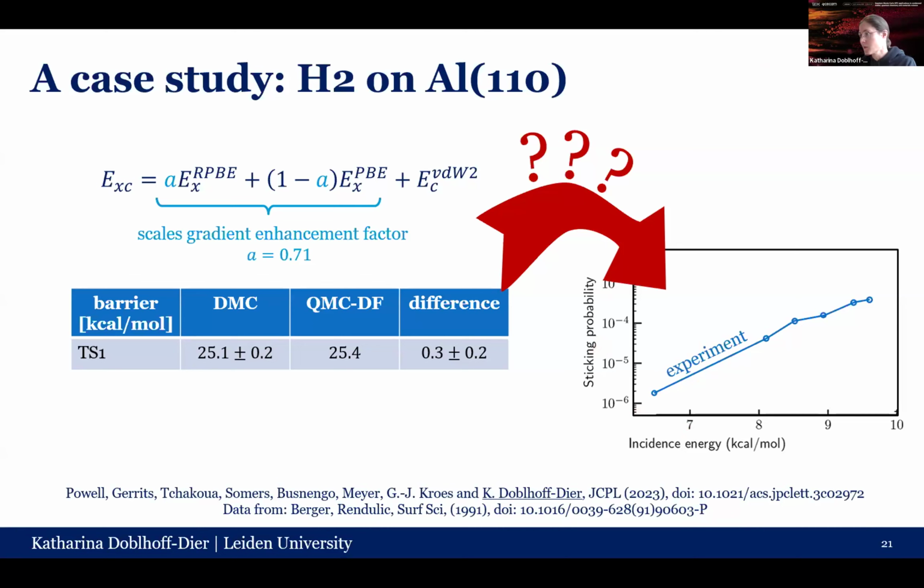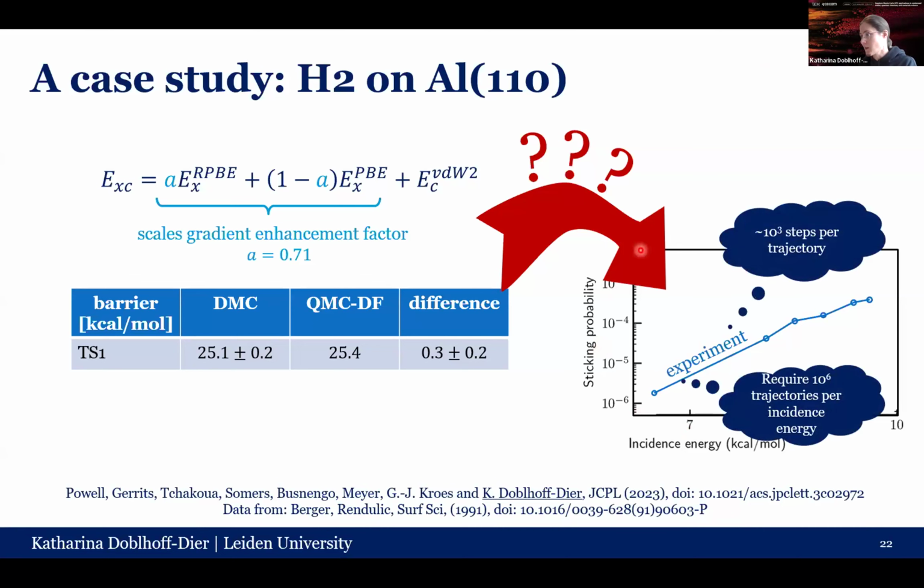The other thing that you might notice is that the sticking probabilities are really low. So if you think in a brute force way, if we have a sticking probability of about 10 to the minus 6, we would require at least 10 to the power of 6 trajectories. It's not quite true because some of the trajectories we don't actually have to propagate, because we already know that they have too little energy to overcome this barrier.